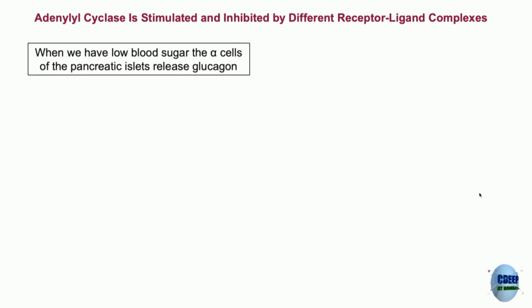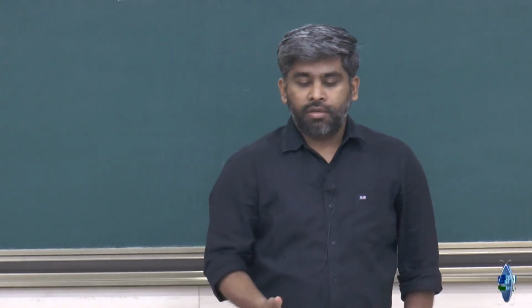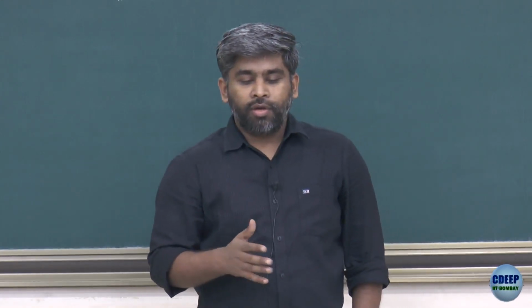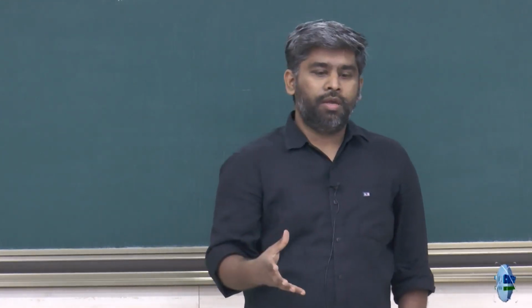Beta cells secrete insulin, alpha cells secrete glucagon. Whenever you have more glucose, of course insulin is there so that you can utilize the glucose. And in case of sudden danger, the fright and fight hormone is epinephrine, right? The adrenal gland will immediately release epinephrine.